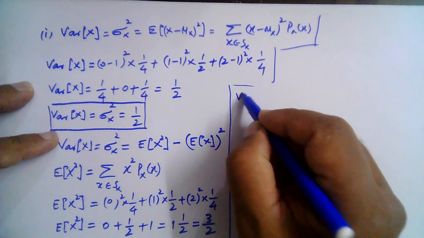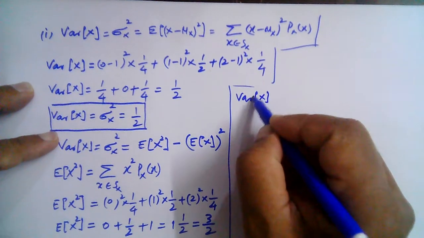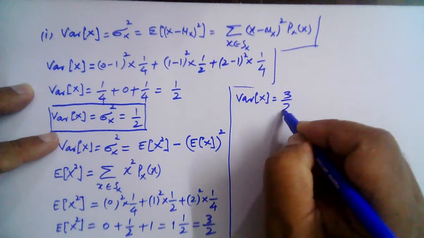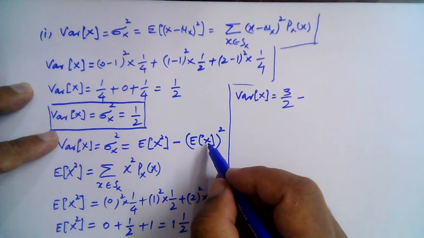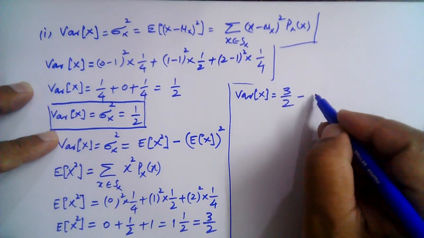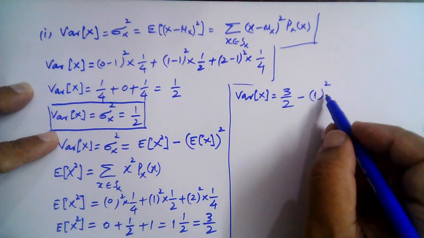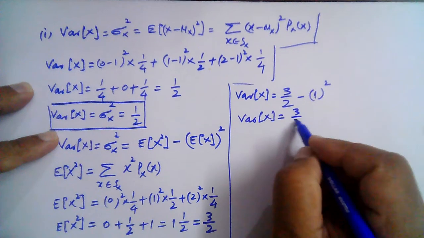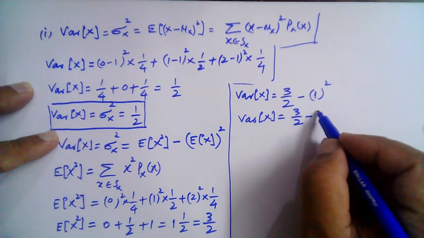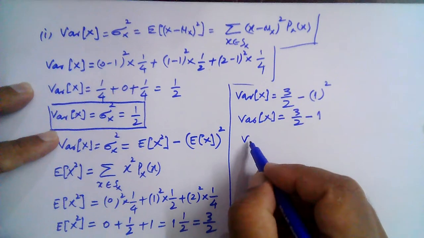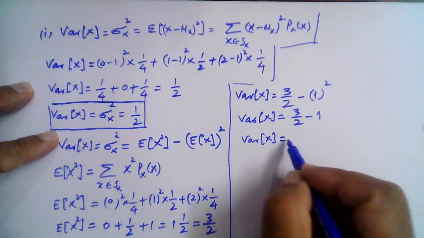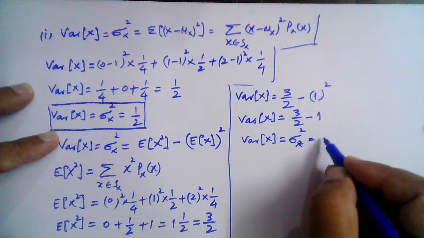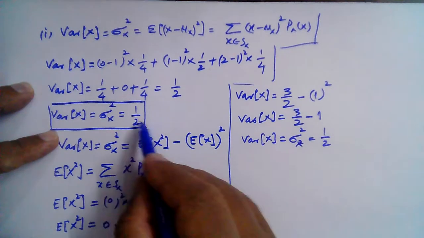So variance of x is equal to, we put in this value here, this is 3 over 2 minus this value, expected value of x, which is 1, and this is squared, and this will again come out to be 1. So variance of x is equal to 3 over 2 minus 2 over 2, which is 1 over 2. So variance of x, or sigma x square, is just 1 over 2, as we already found.